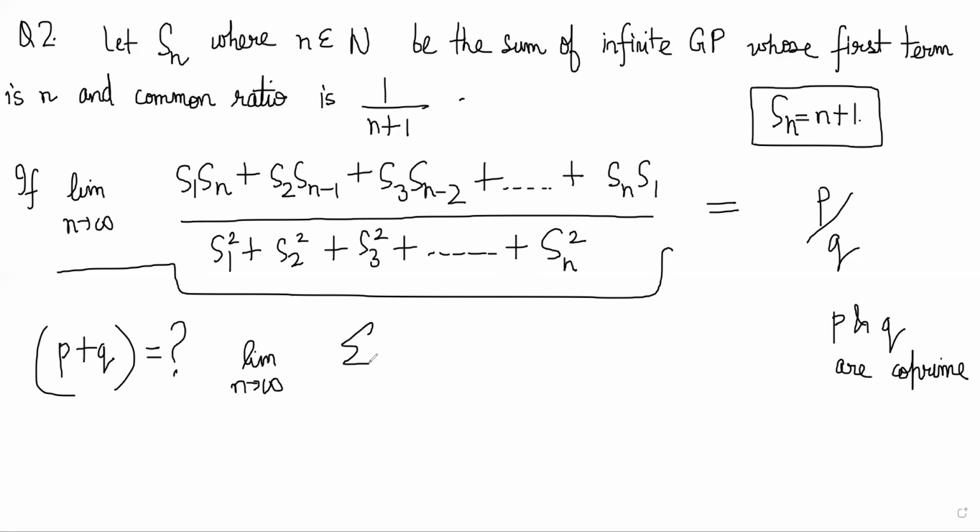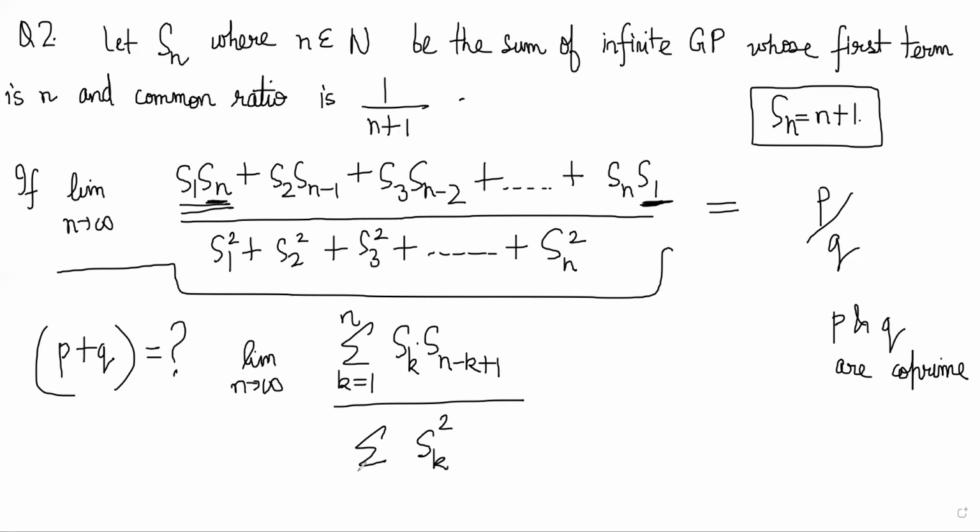On top there is a summation where K goes from 1 to n, and this is S of K multiplied by S of n minus K plus 1. Because when you get K is n, it becomes 1 here, and denominator is summation S of K whole square, correct.